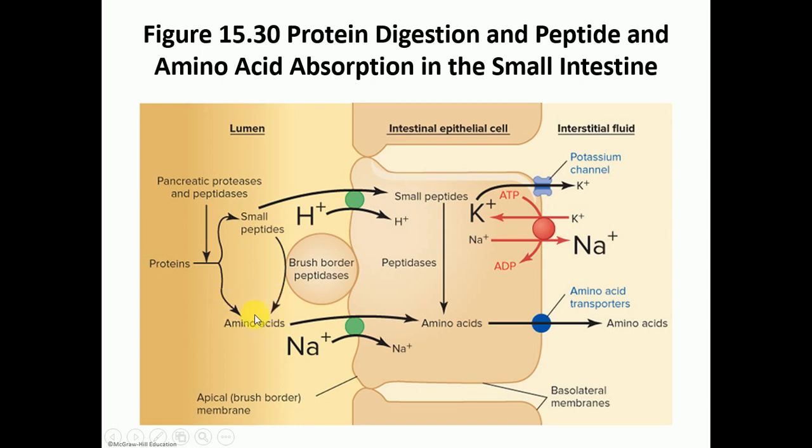We end up making these amino acids through a sodium cotransporter. We transport the amino acids into the cell across that apical or brush border, and then there are amino acid transporters that allow the passage of these amino acids into the interstitial fluid.